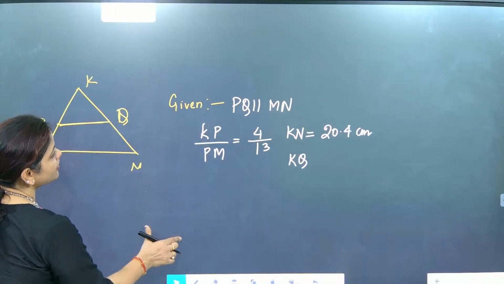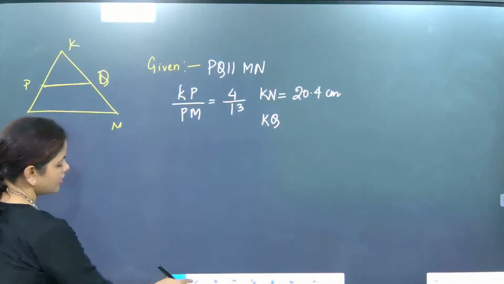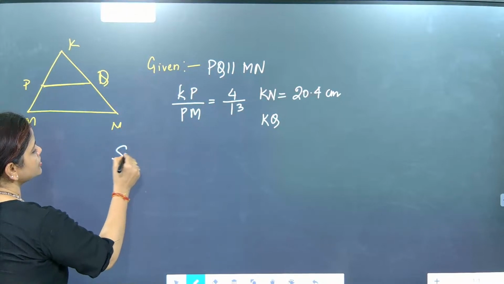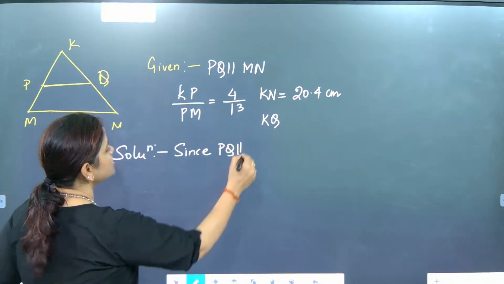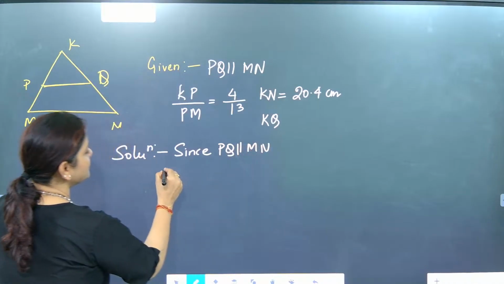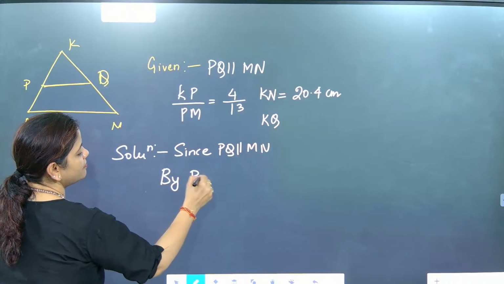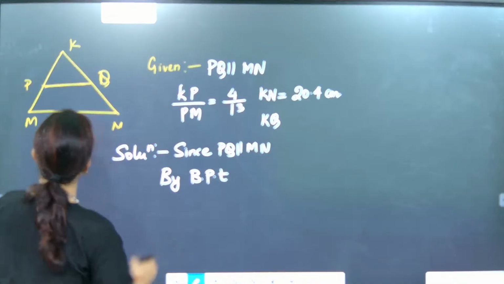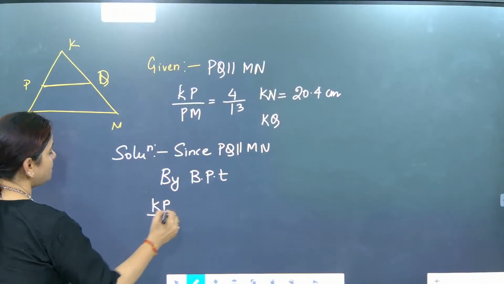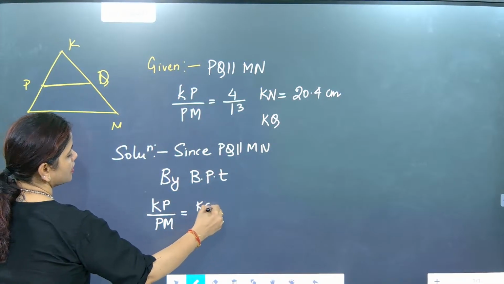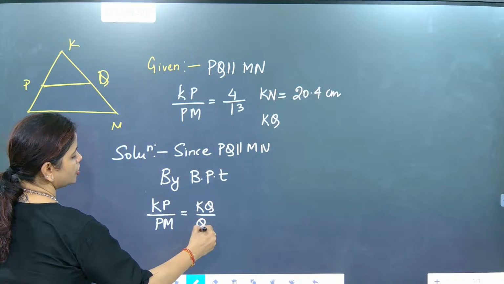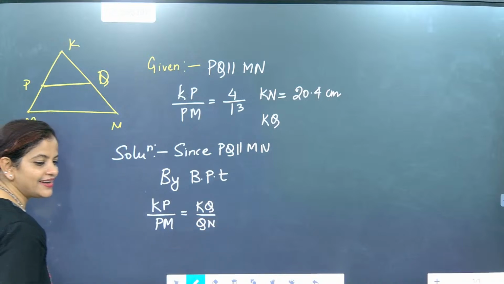Now look here, beta. Shall we go for this part? In the solution section, we will write: since PQ is parallel to MN, so by BPT theorem, just write basic proportionality theorem, KP by PM is equal to KQ by QN.